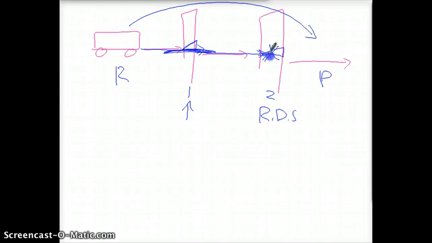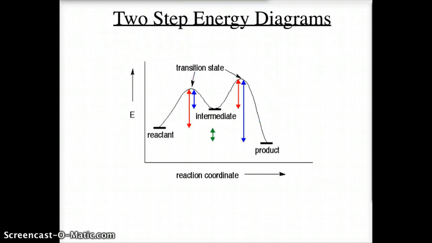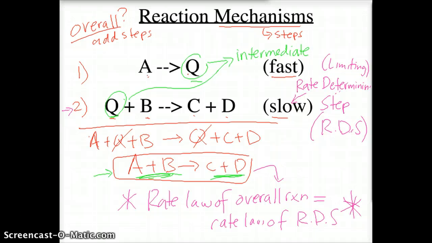This one's not working, so the second step, the rate-determining step, is going to prevent us from turning into product. So in this reaction, the first step occurs very quickly. It has no effect on the rate. The second step is the rate-determining step. It's slow. It's like the second gate and is going to affect our rate, which means the rate law will be equal to the rate law of the overall reaction.